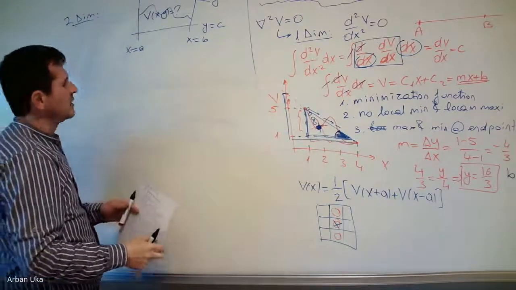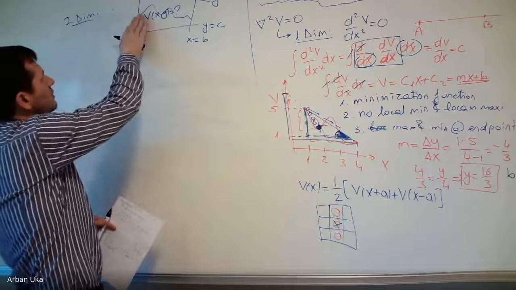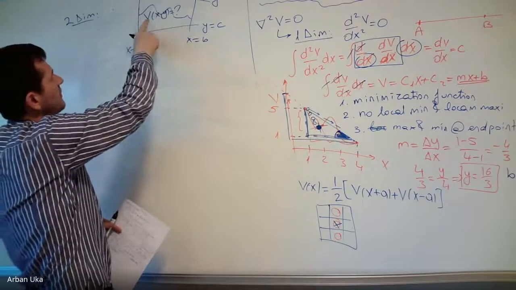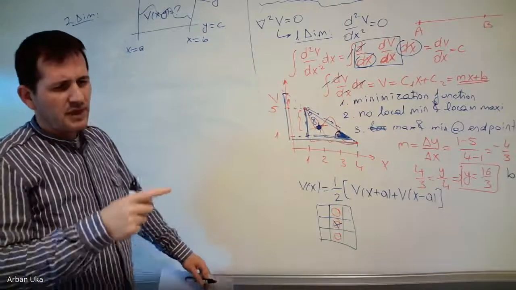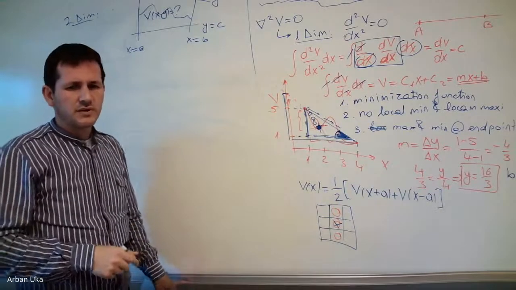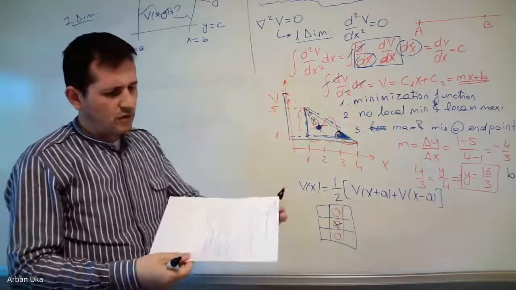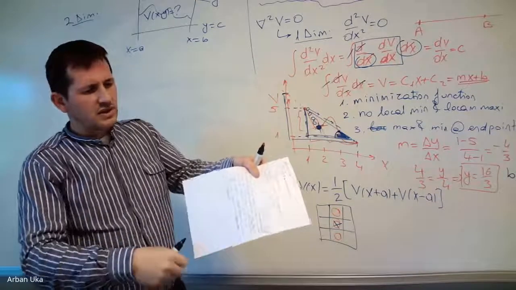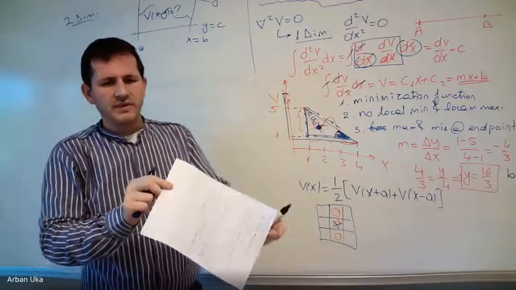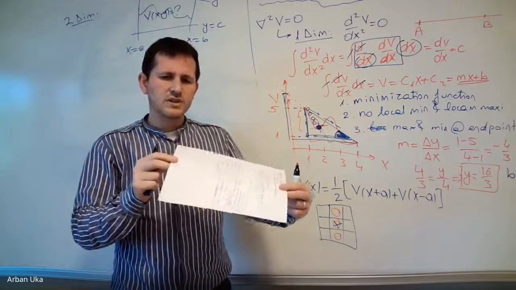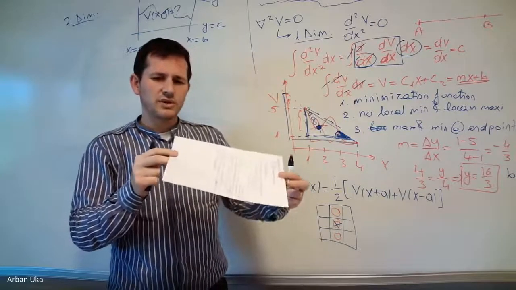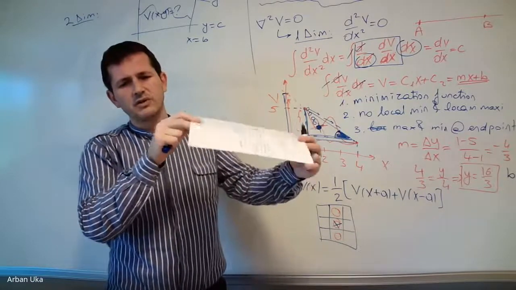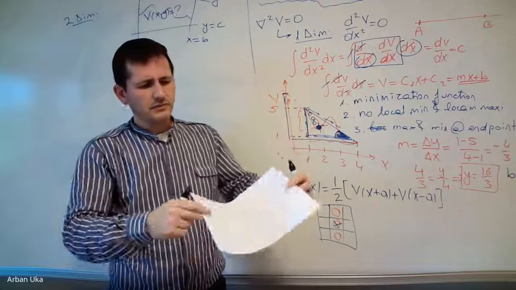Similarly, solving a problem here, the potential along a specific direction will never show a minimum or a maximum. So it will always go linear. Let's say that we know the potential along this line, and this piece of paper, which is going to represent the values of the potential, is going to be a straight line. It's never going to be something like this.